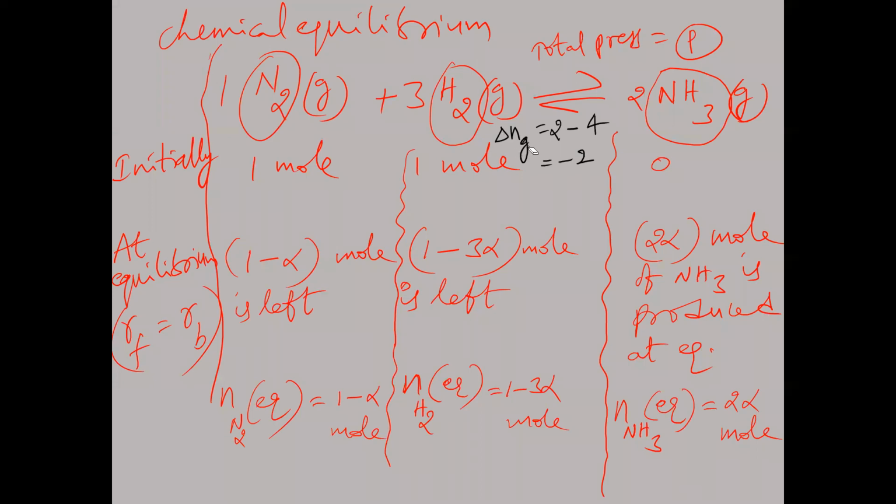Delta Ng for this reaction is minus 2, which means it is less than 0.